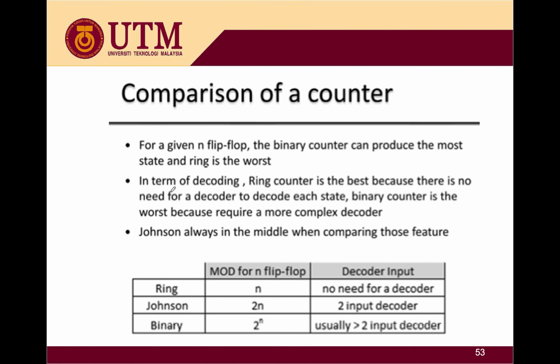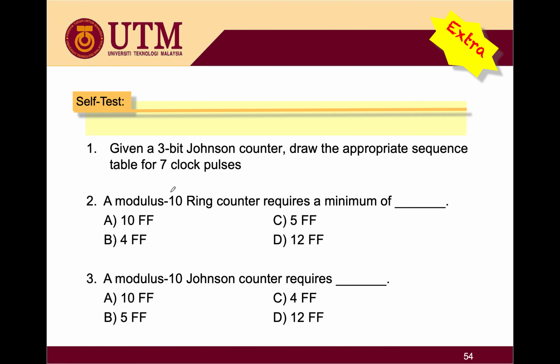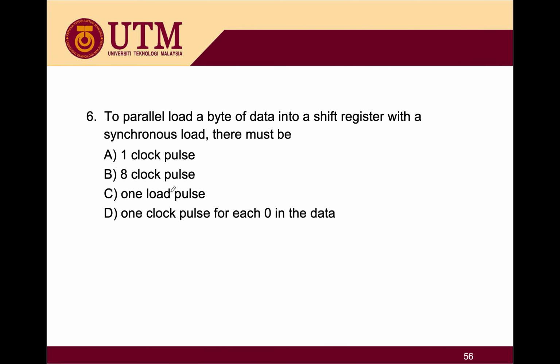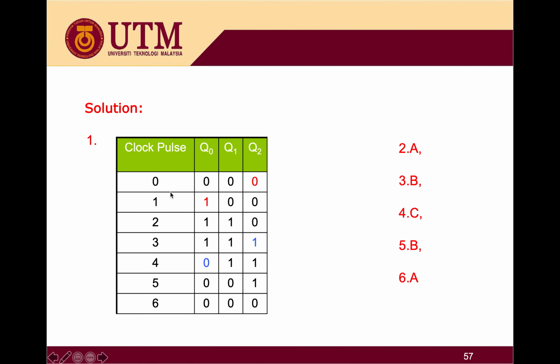Under comparison, this one is just theory. You need to know the comparison between all the shift registers and counters, which is ring, Johnson, and also binary. This one is only for quiz and test examples, so there is a solution and so on.